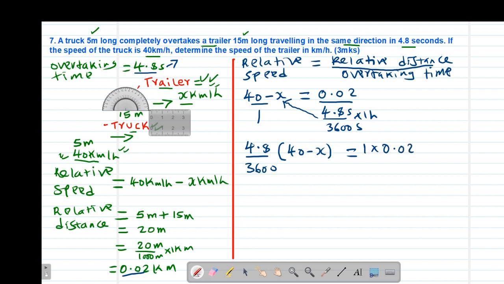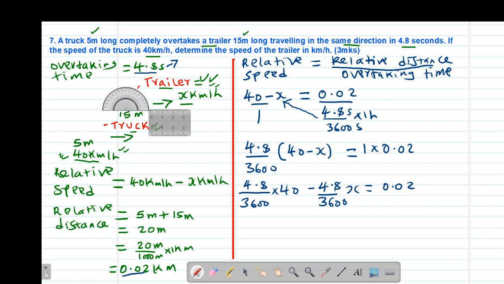So if I open this bracket, I'll have 4.8 divided by 3,600 multiplied by 40, then minus 4.8 divided by 3,600 x being equal to 0.02.